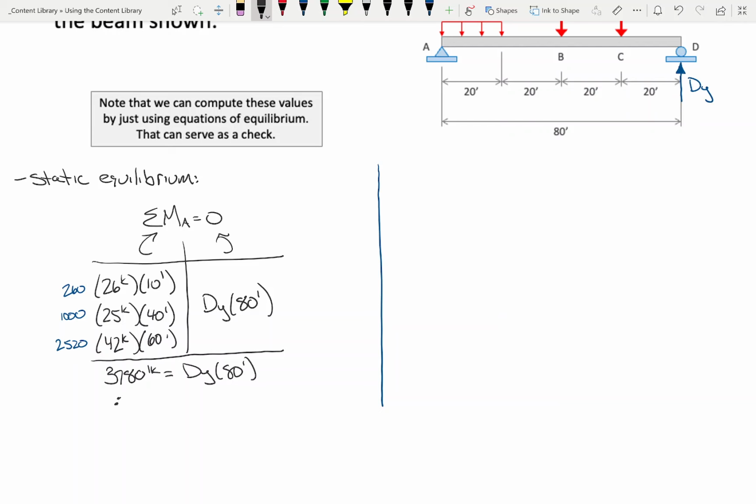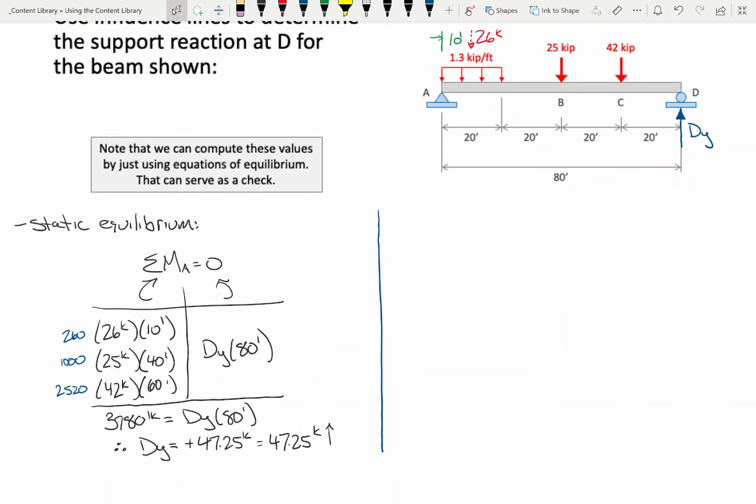So Dy is 47.25. Is that fair? I did that fast, but I figured at this point we're good with stuff like this. Any questions?